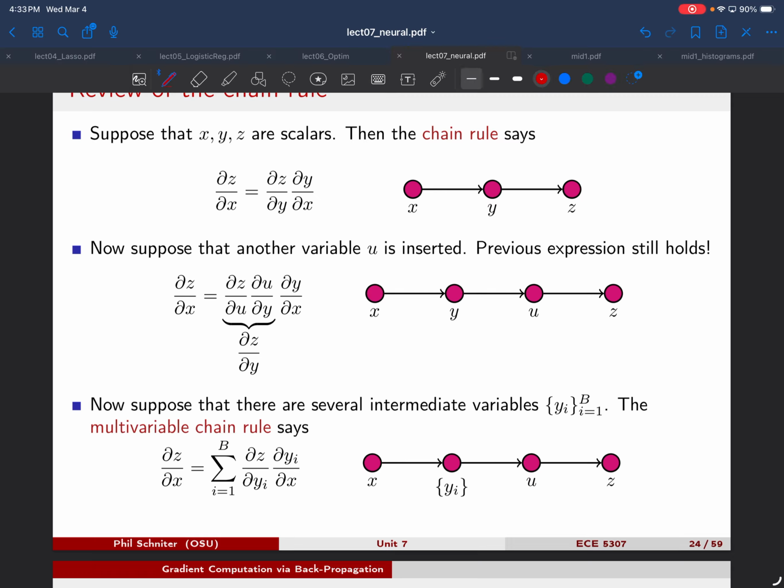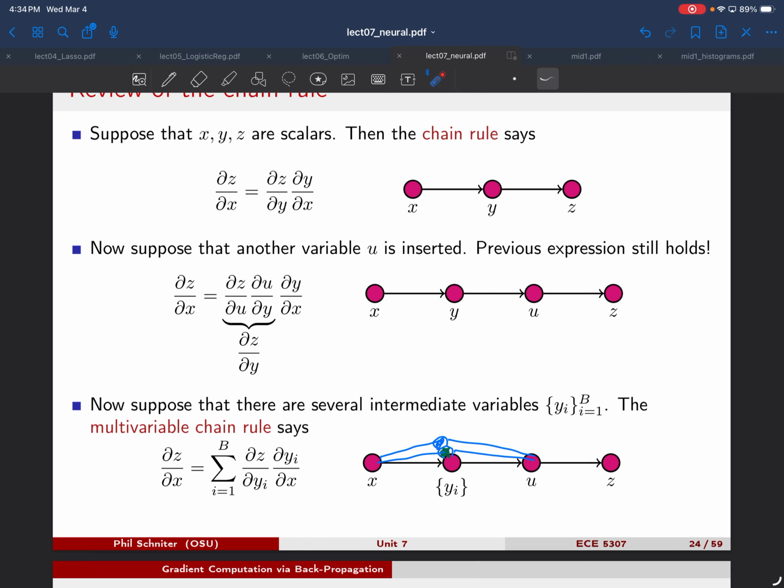Maybe a better way to picture that would be to draw some additional nodes, like a stack of nodes. And now recall that the data is really flowing through like this. Okay, so that's what I mean with this curly brace. It's like there are actually several variables here. And to go from x to u, in general, you may be going through each of those separately.